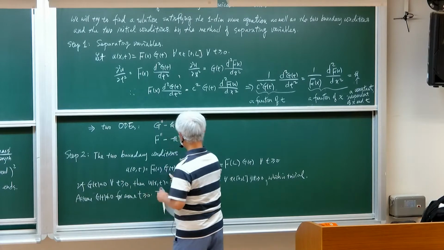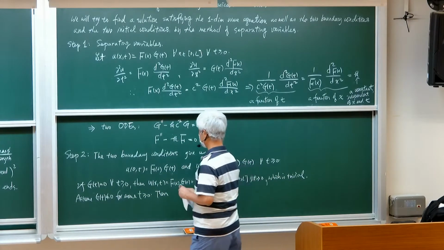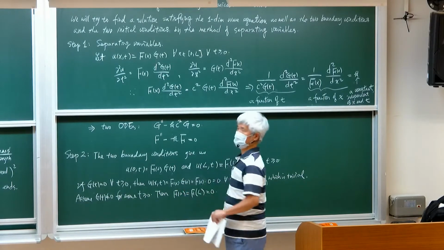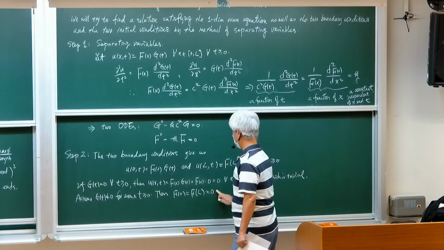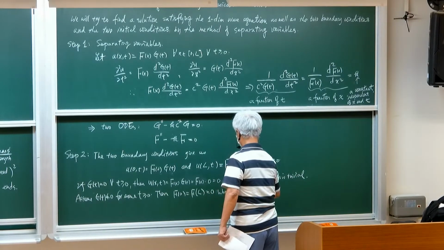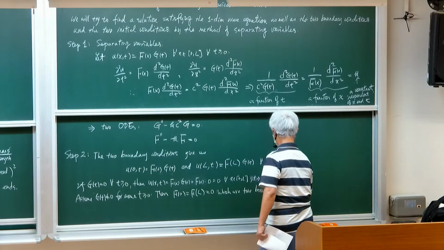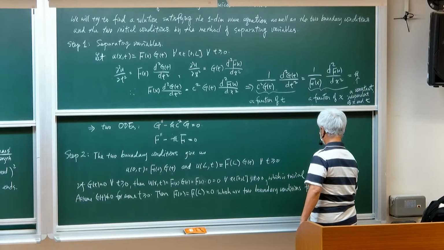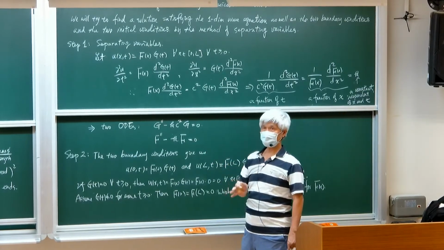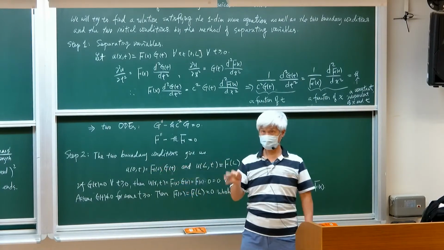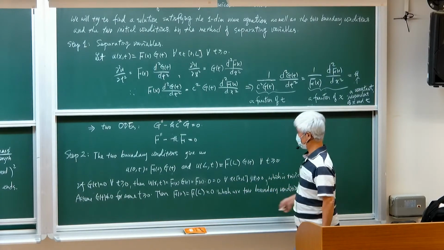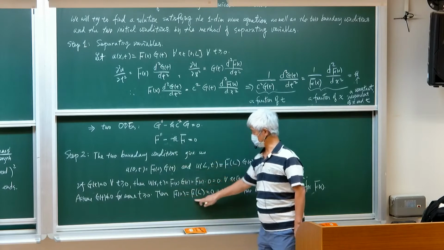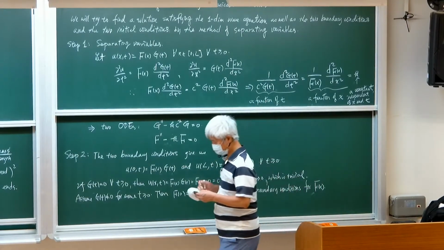Now from here, because for some t, g(t) is not 0, we have f(0) equal to f(L) equal to 0, which are two boundary conditions for f(x). So under the separation of variables method, the two boundary conditions of the original PDE turn into two boundary conditions for the ordinary differential equation for f(x).